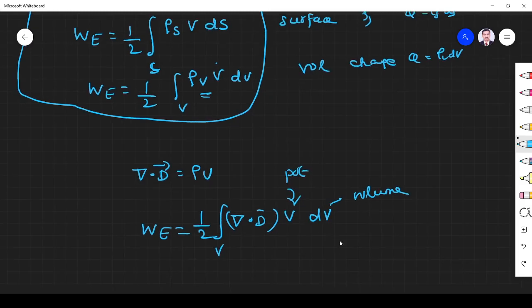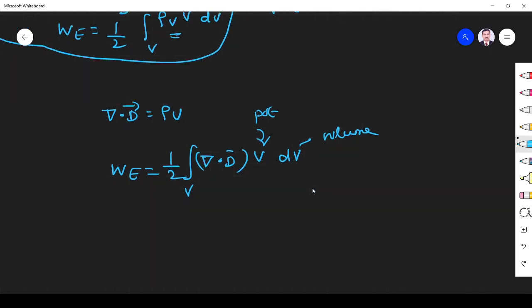Now what happens? We know one vector identity. What is that? Del dot V A vector is equal to A vector dot del V plus V into del dot A vector.